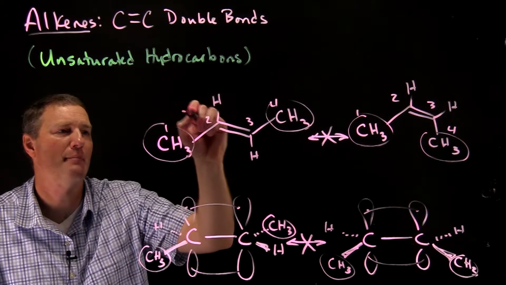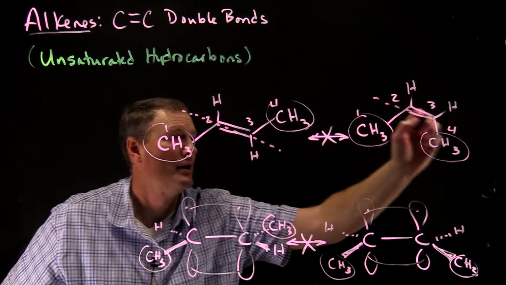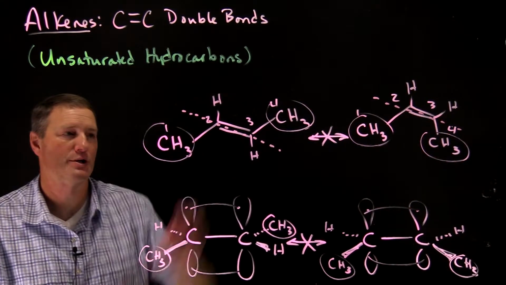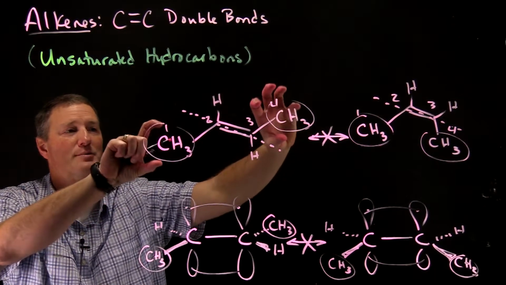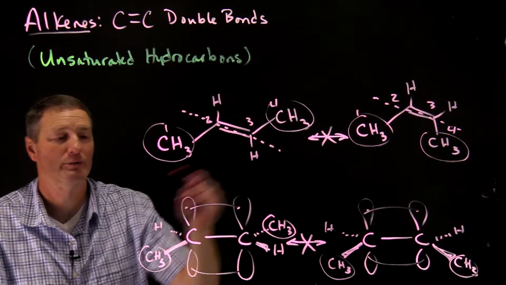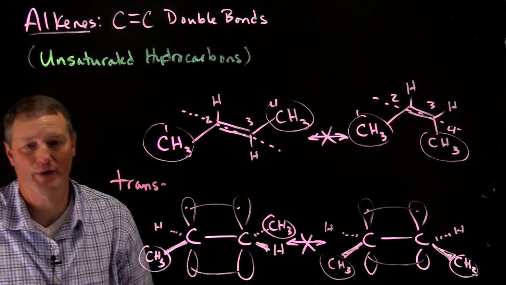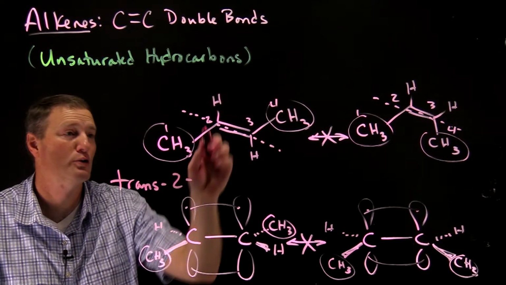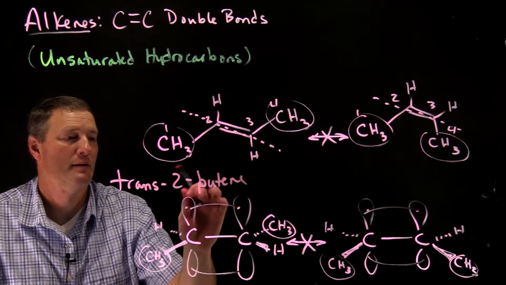If you just draw an imaginary dotted line right through the double bond, right through here, and you look at the fact that these 2 methyl groups are on opposite sides of that imaginary line, this molecule is going to be called trans-2-butene.